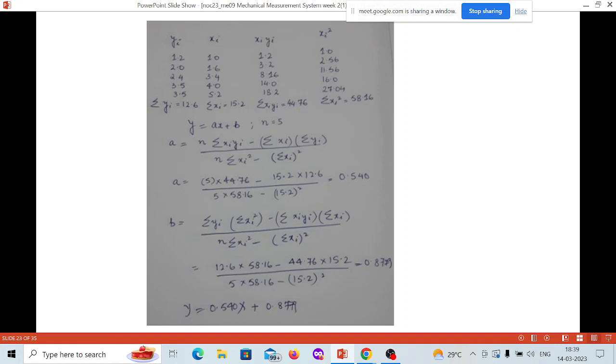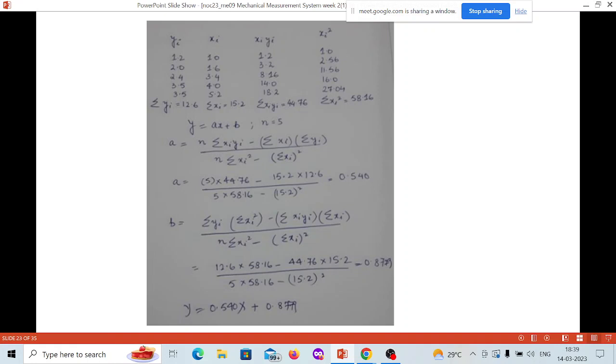So you will get 0.54, so the a value is 0.54, and next b. So y equals ax plus b, you have already found a. So b is summation of yi into summation of xi square minus summation of xi yi into summation of xi, divided by n summation of xi square minus summation of xi the whole square. You see a and b are somewhat similar in the expression.